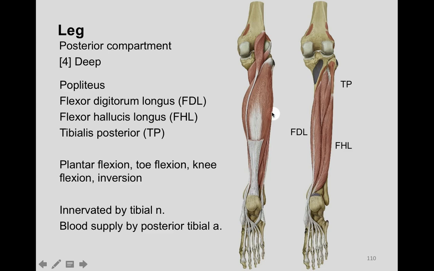And as we remove the soleus, as you will reflect the soleus in dissection, we will then see the other three muscles of the deep posterior compartment: the flexor digitorum longus, flexor hallucis longus, and the tibialis posterior. These muscles are plantar flexors, toe flexors, knee flexors, as well as ankle inverters, innervated by tibial nerve, blood supply by posterior tibial artery.